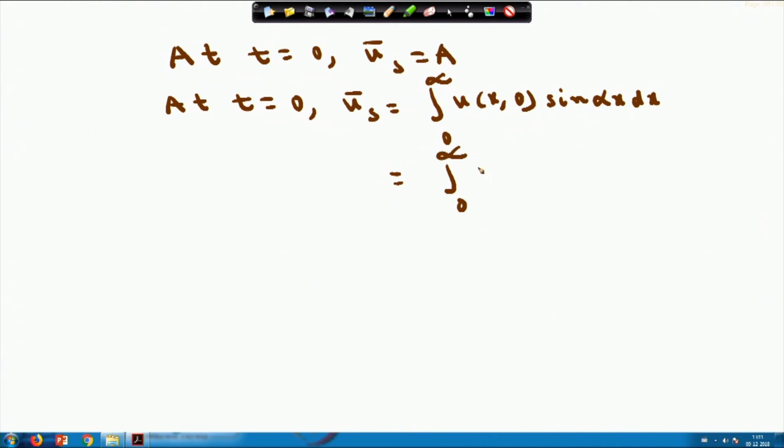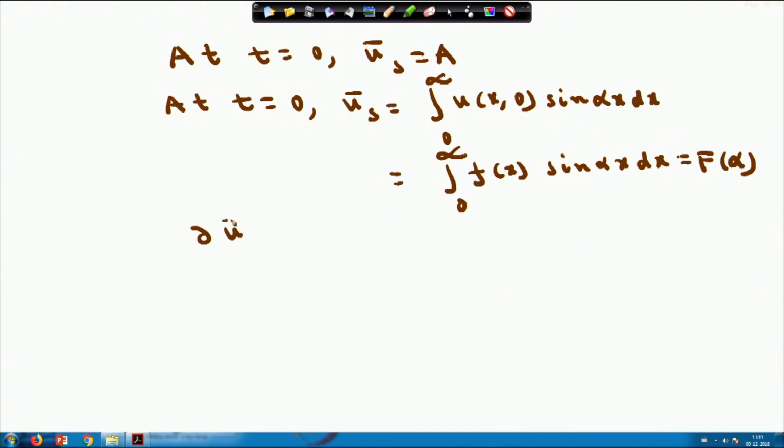So, integral from 0 to infinity of u(x,0), which is f(x), into sine of alpha x dx, and this equals your F of alpha. So, effectively your a is capital F of alpha, where F of alpha is the Fourier sine transform of f(x). Please note root over 2 by pi we have omitted because this again I am writing as F of alpha.